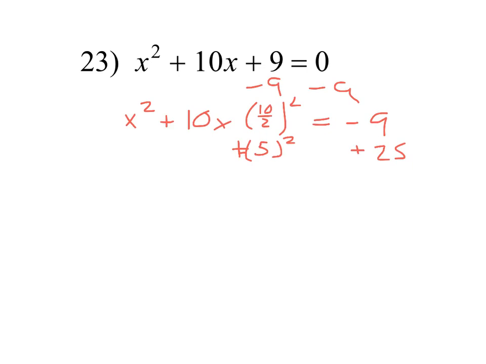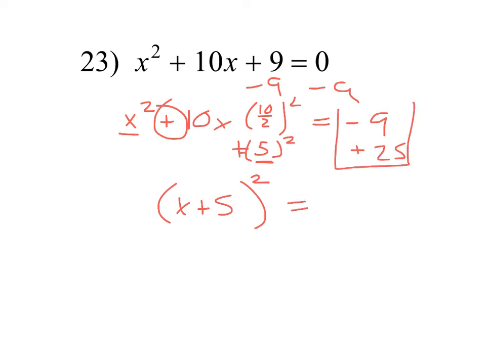So now what do we do? Now we do our parentheses, and we take the x from here and the 5 from here, and whatever sign this is, and put it in our parentheses. So you want to take a guess at what goes in the parentheses? x plus 5. So this is squared, and that's equal to this.